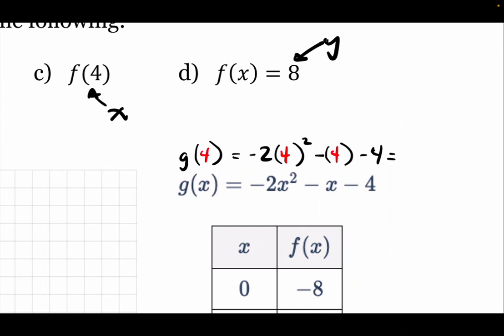So now what we're going to do is simplify using PEMDAS. So we're going to do parentheses, exponents, multiplication, addition, and subtraction. Okay. I'm going to show you a quicker method though that you can use.